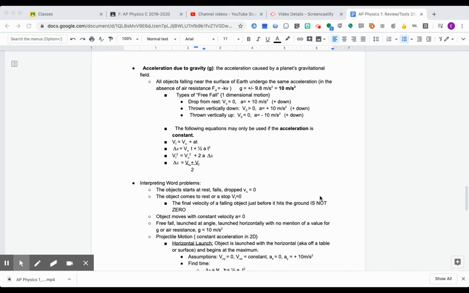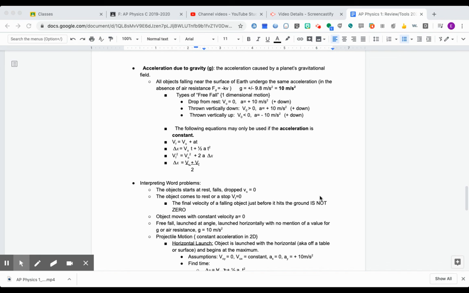So we're going to start with constant acceleration first in one dimension, and then we'll head to 2 dimensions. If an object's accelerating at a constant rate in one dimension, we call that free fall.